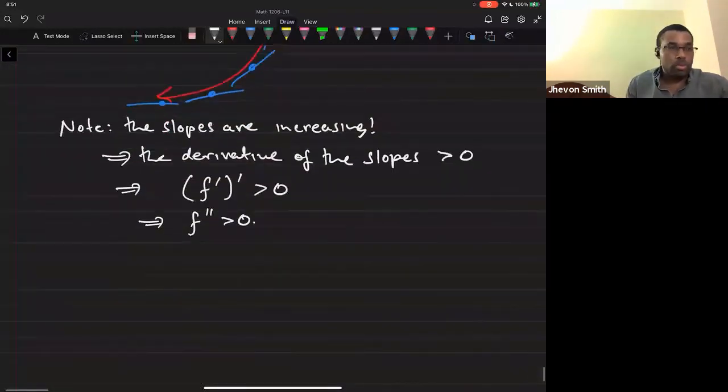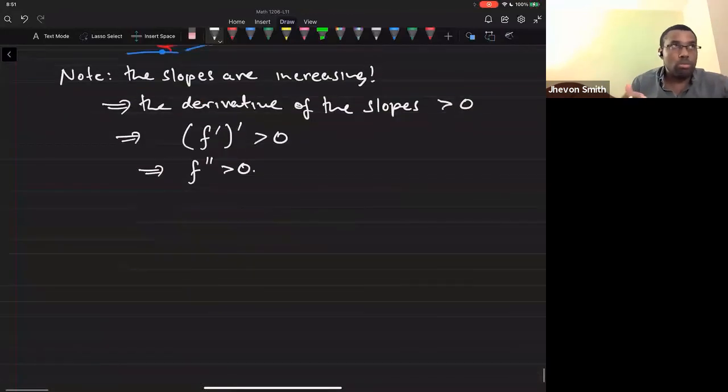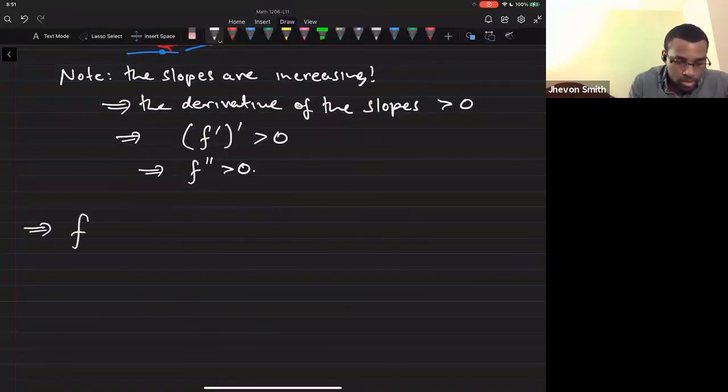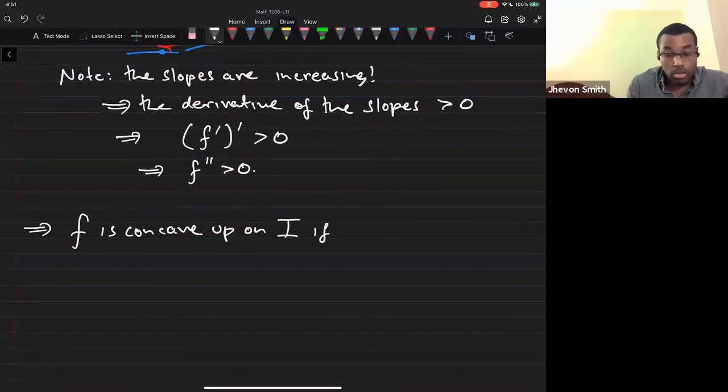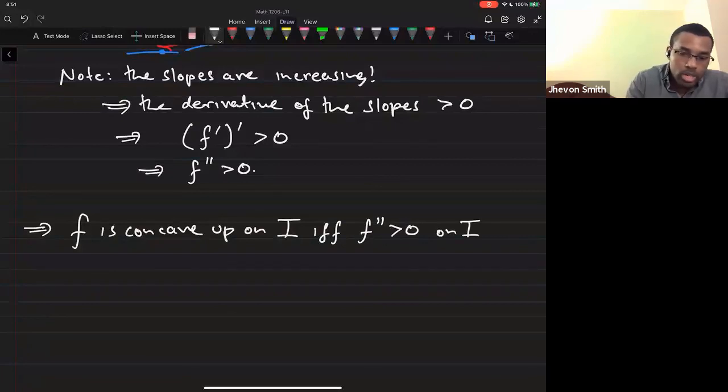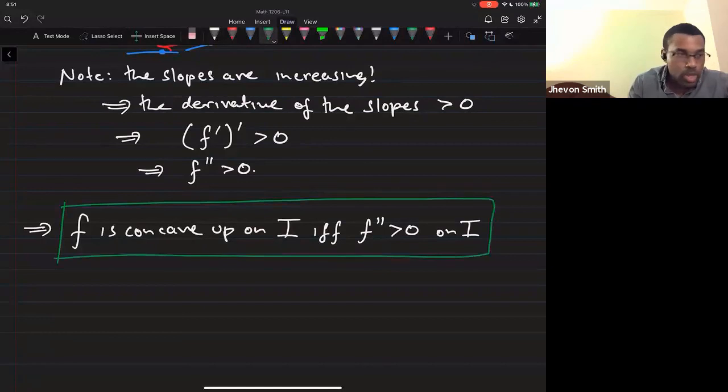So that would mean f is concave up on I if and only if the second derivative is positive on I. So anytime your second derivative is positive, you say your function is concave up.